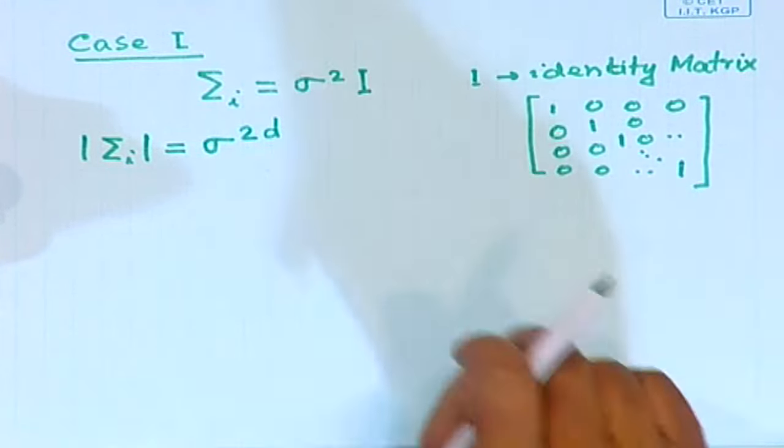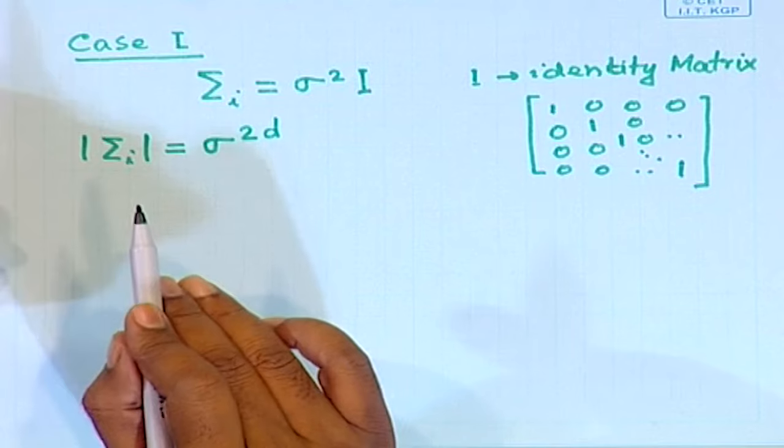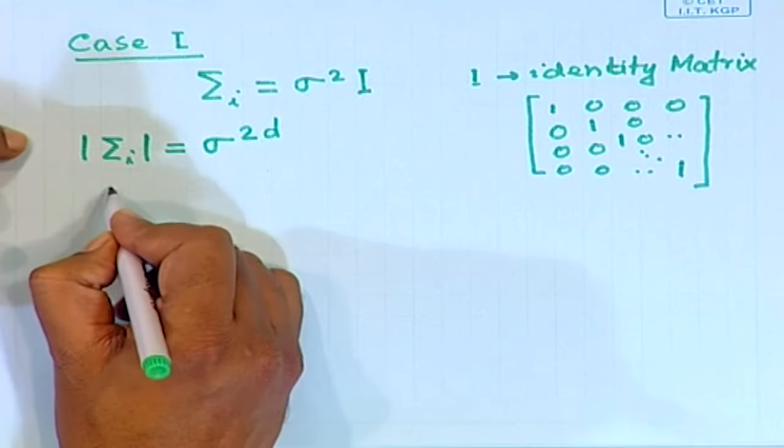So I have a diagonal matrix where only the diagonal elements are equal to sigma square and the off diagonal elements are all zeros. Okay, and I have d number of diagonal elements. So the value of the determinant is nothing but the product of all the diagonal elements, which is nothing but sigma to the power 2d.